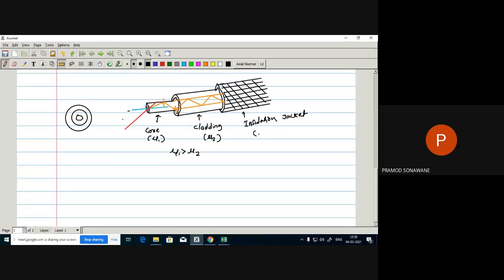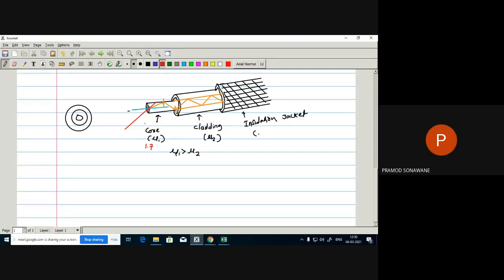Then the central part of the fiber is called the core, having a refractive index of about 1.7 approximately. What is the unit of refractive index? Unitless.